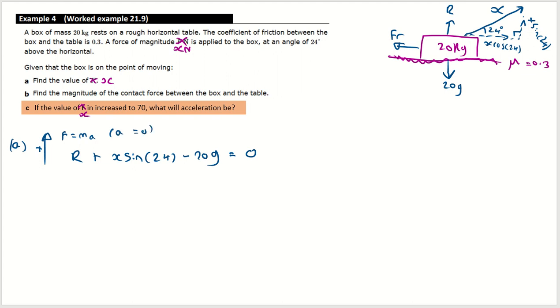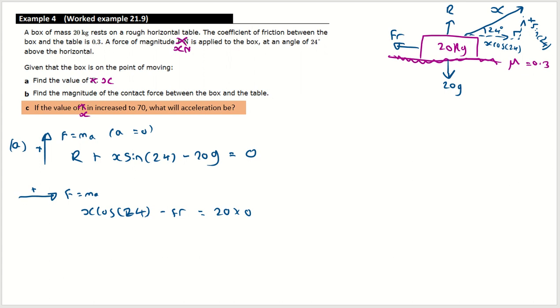So you could, if you wanted to, go straight to forces up equal forces down in that case. I'm then going to look horizontally. I'm going to always do this as an F equals ma, because it's likely to be accelerating in these kinds of questions, like the question I put in part C here. So I've got X cos 24, take away friction, equals 20 times 0.